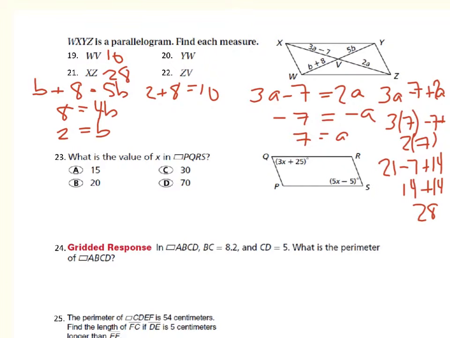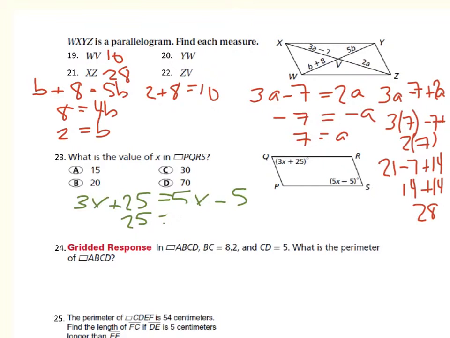23. What is the value of x in PQRS? Well, they give me the opposite angles, and based on our property sheet, we know opposite angles are congruent. So 3x plus 25 is equal to 5x minus 5. I'm going to move my 3x over to my 5x.